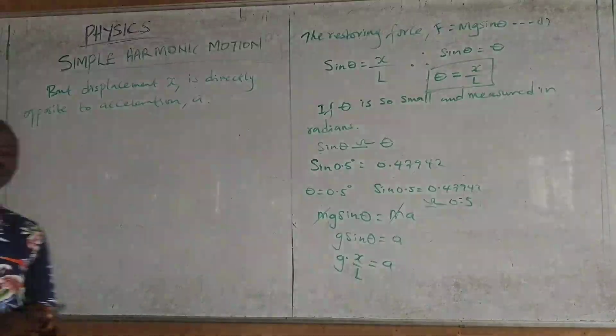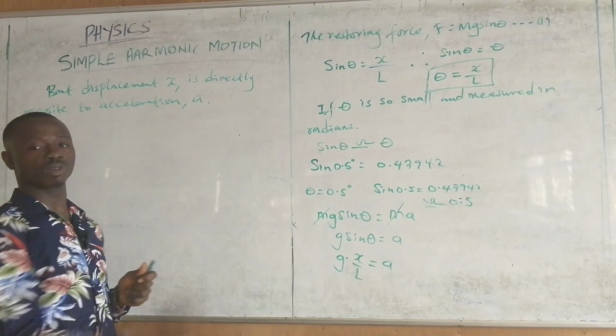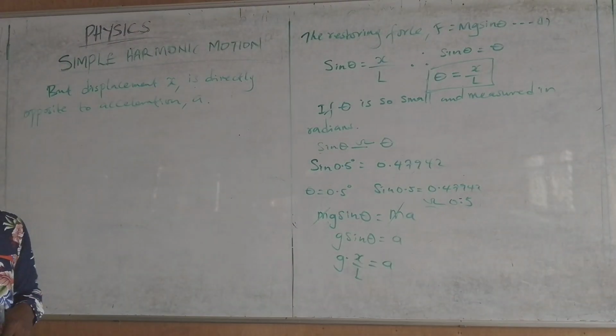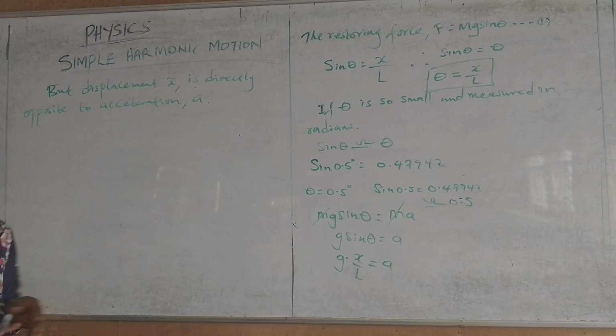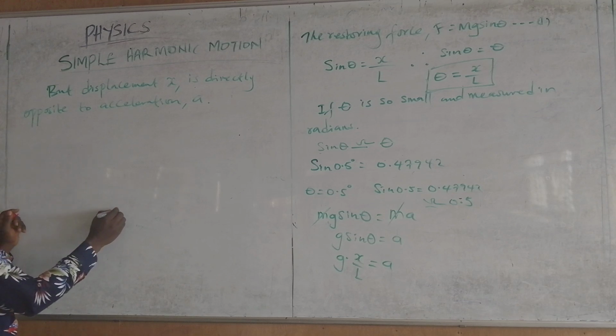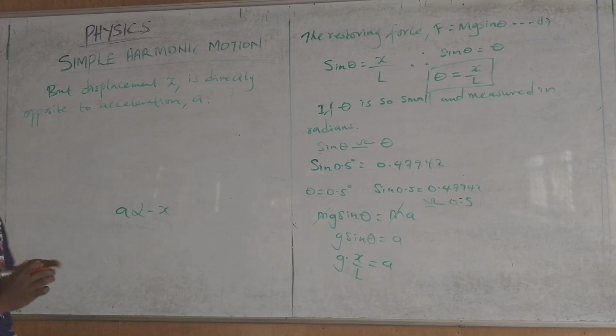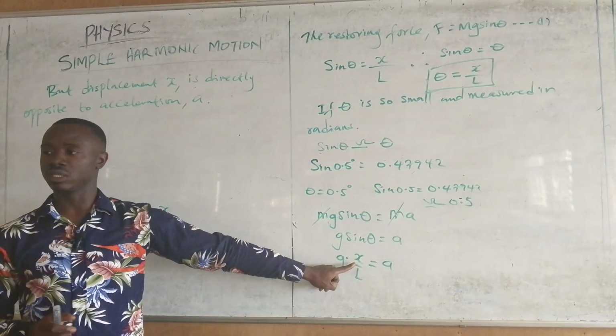Towards the center, while displacement is away from the center. So both are directly opposite each other. One is towards the center, while the other one is away from the center. So when we look at the equation the other day, we said A is proportional to minus what? Minus X.